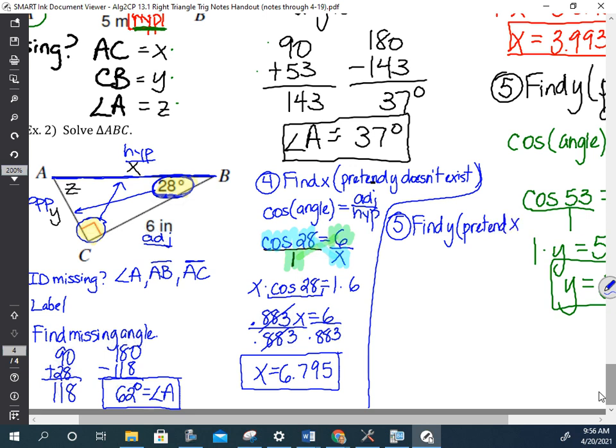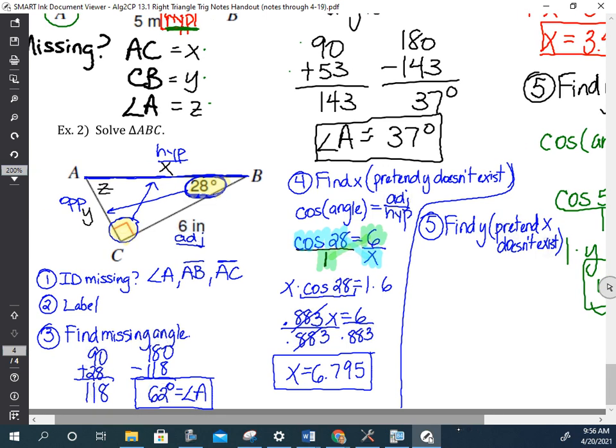So to find y, we pretend that x doesn't exist. What do you mean x doesn't exist? Simple. Cover it up. So cover up x, and you've got opposite and adjacent. So that's either sine, cosine, or tangent. Which one is it?